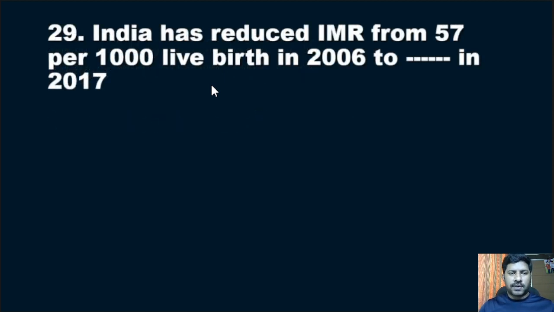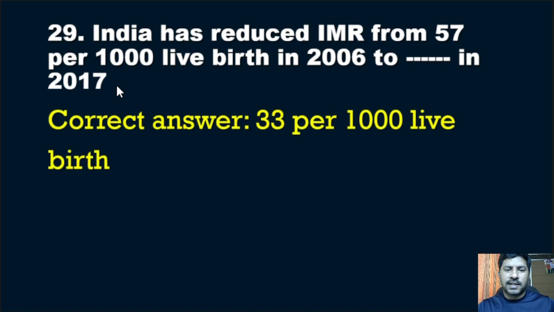Next, 29th question. India has reduced infant mortality rate from 57 per 1000 live births in 2006 to dash in 2017. Correct answer, 33 per 1000 live births.